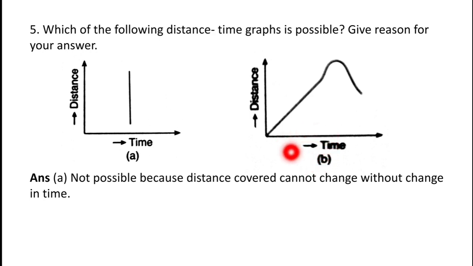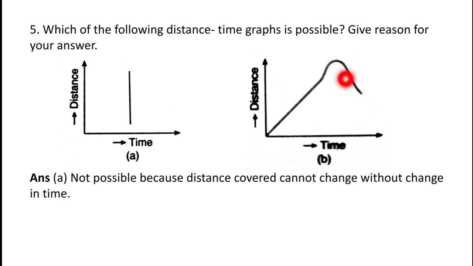The next graph is also a distance time graph in which time is represented along the x-axis and distance is represented along the y-axis. Now let us see, up to this extreme point the distance is increasing with increase in time, but onwards from this uppermost point the distance goes on decreasing.